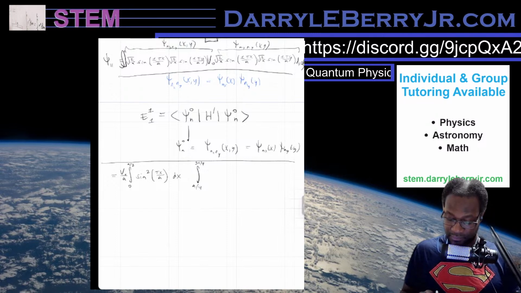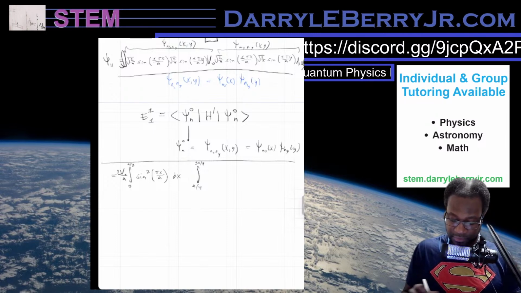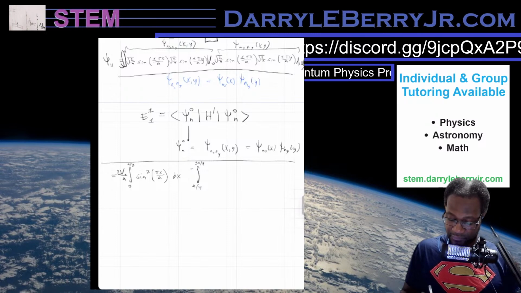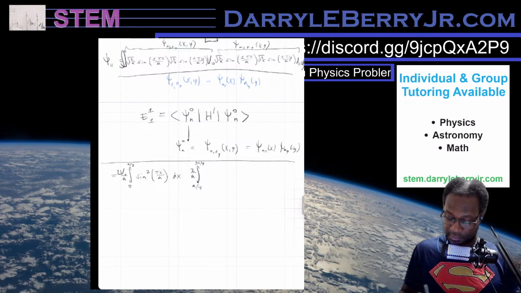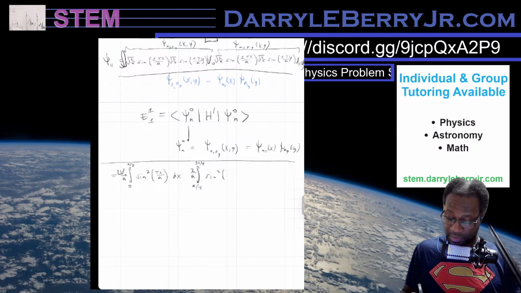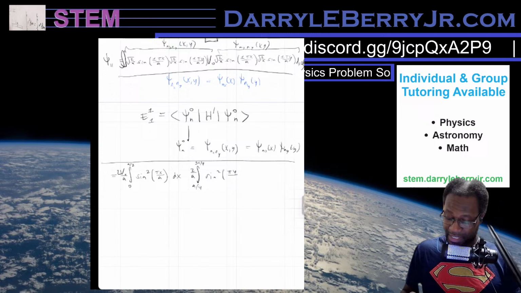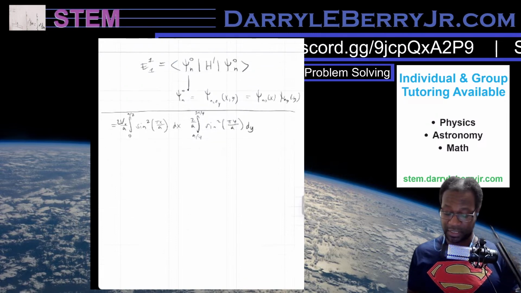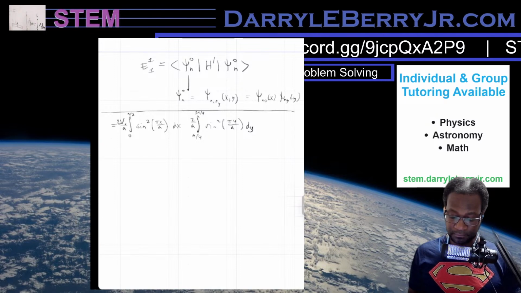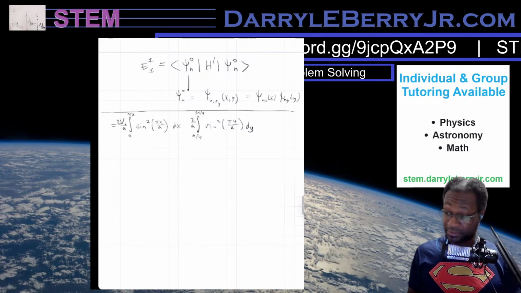I left off my 2. We have 2 over a sine squared pi y over a dy, and these are our two integrals. And let's see what we end up getting.